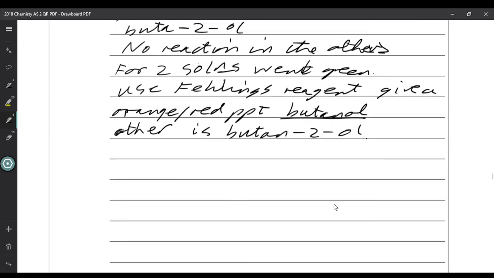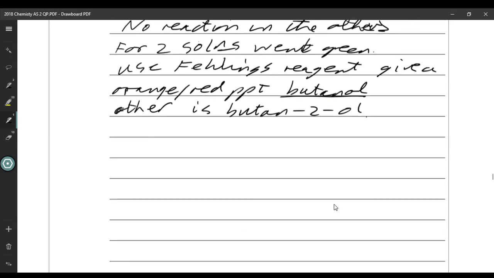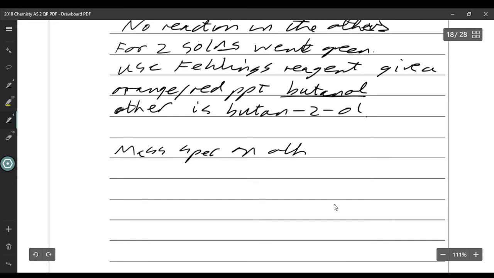So we're left with two solutions that we don't know, that we've got to use spectroscopic techniques. So for this we could use mass spec on the other two, because they're going to have different Mr values.